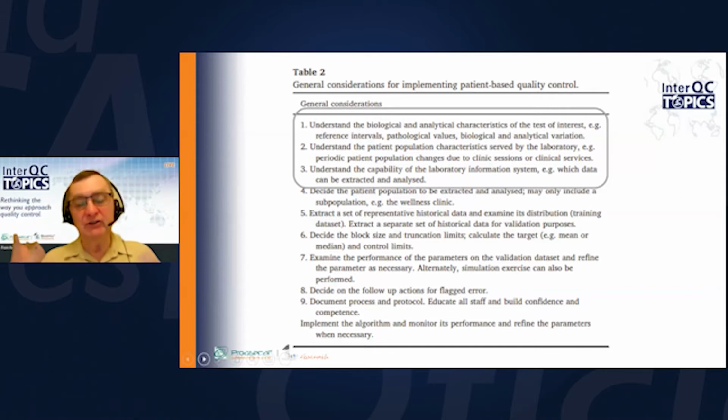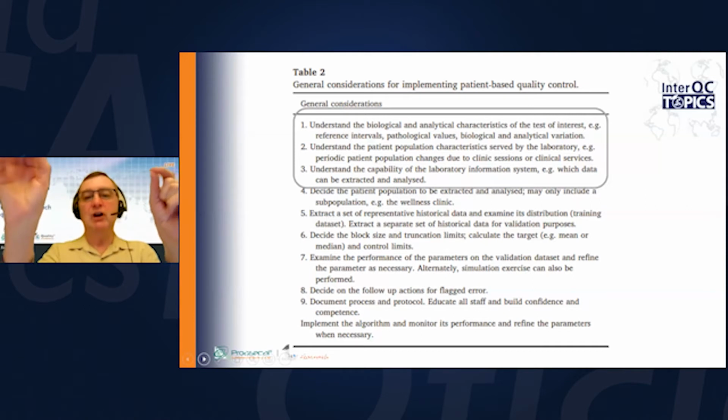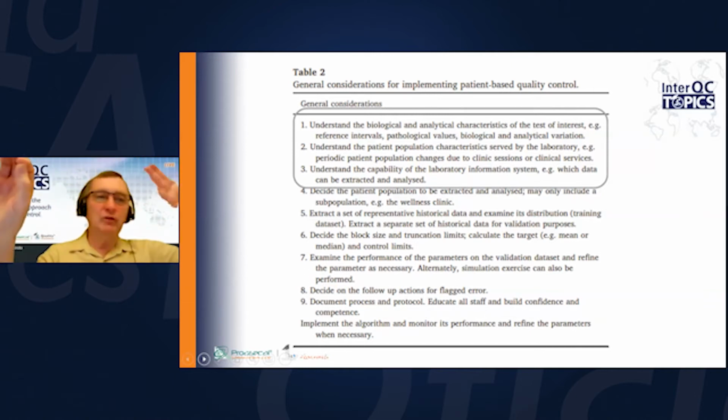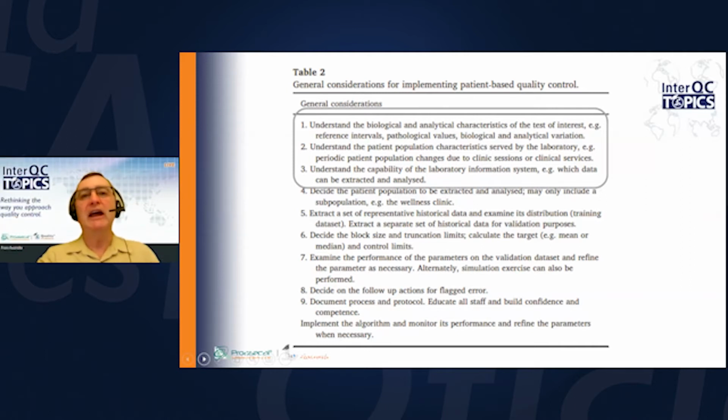And you need to understand what capability your laboratory information system has. If you're going to do a lot of these calculations, and really, when you think about what I've suggested, each time you do a new measurement on a patient sample, you're going to include that newest result. If it meets certain criteria, you're going to include that result in your moving average. So you're going to reject or remove the oldest in the block of 15 or whatever it is, add the new one in, do a new calculation, there's your new point.